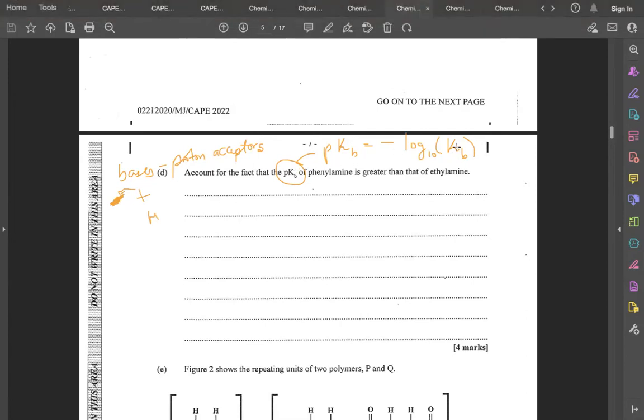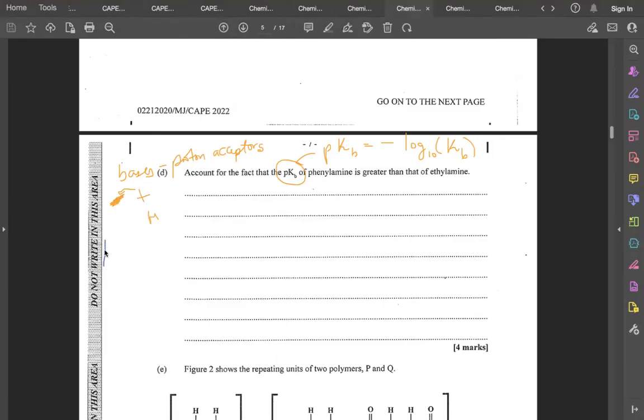Again, the Kb is the base dissociation constant. If the Kb is high, it means that we're going to have a low pKb. And if the Kb is high, that just means that we have a strong base, which would mean a low pKb. So let me summarize that down here, just like I did for acids.